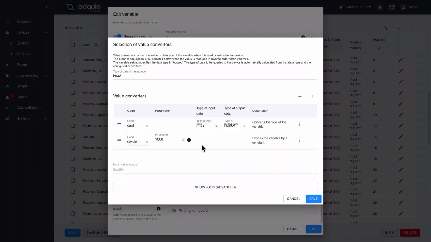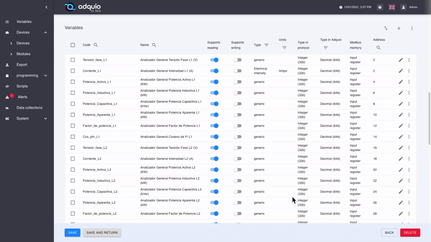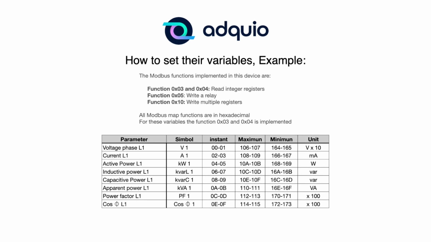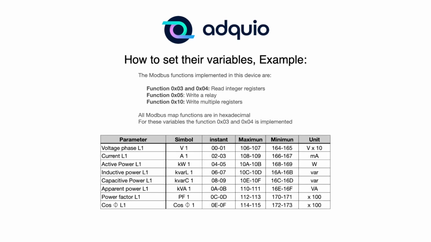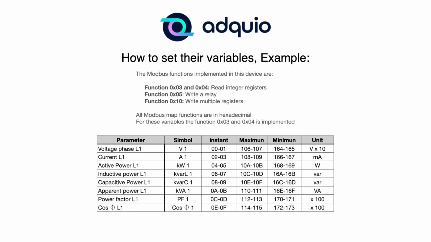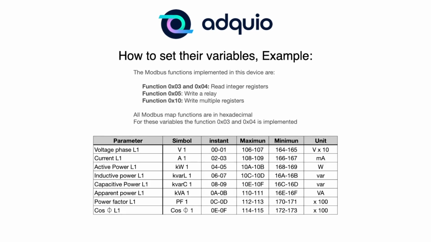From here, they will all be practically the same, we return. We are going to make one now, so that we can see how we convert from hexadecimal to decimal. We are going to take the apparent power L1, which is 0A to 0B. You know that in hexadecimal, when we reach 10 we continue counting up to 15, and it is counted with letters.